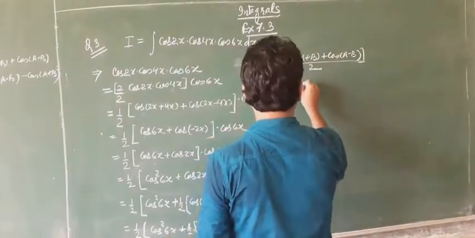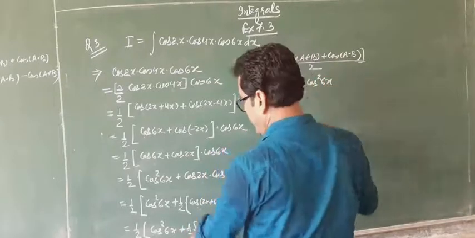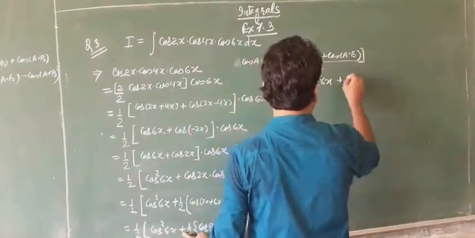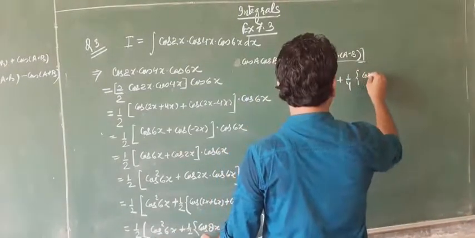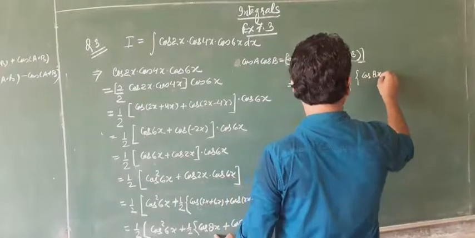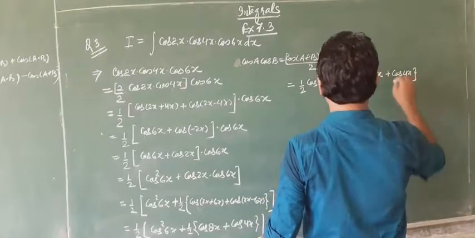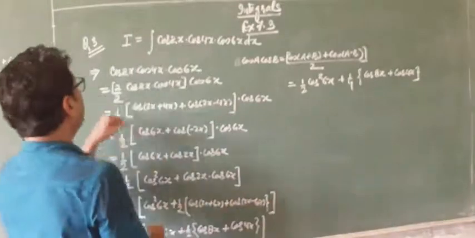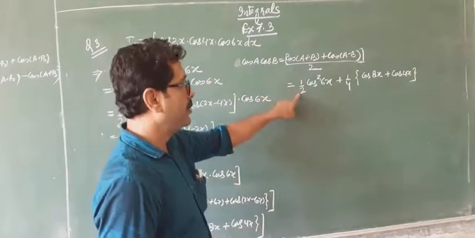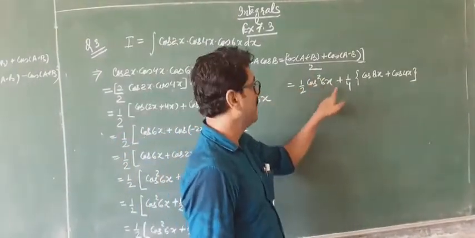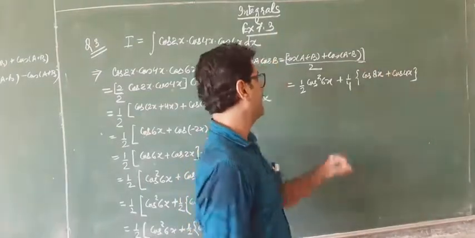So it becomes 1 by 2 cos square 6x plus 1 by 4 cos of 8x plus cos of 4x. So we simplify cos 2x, cos 4x, cos 6x as 1 by 2 cos square 6x plus 1 by 4 cos of 8x plus cos of 4x.